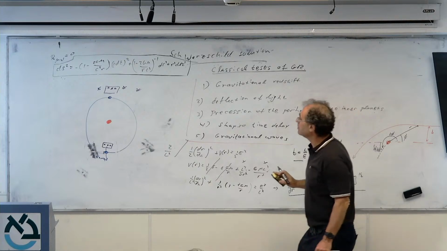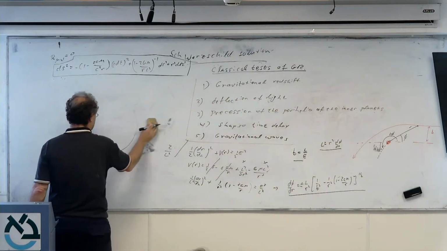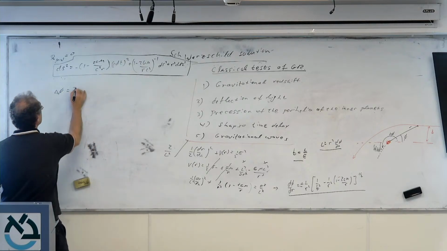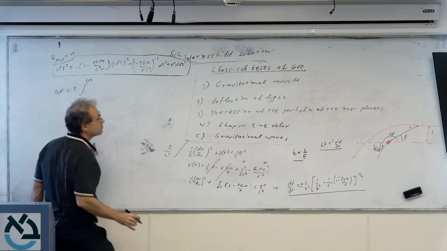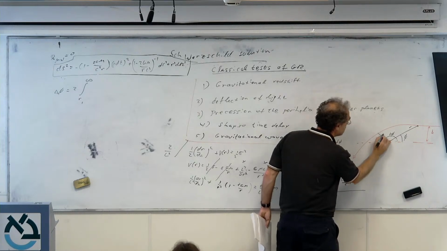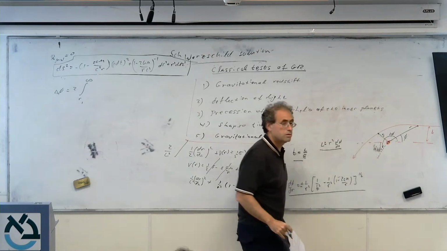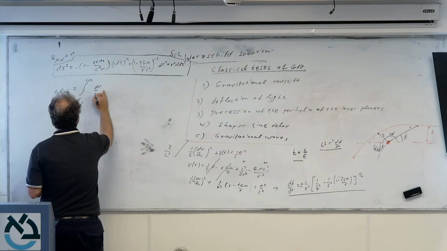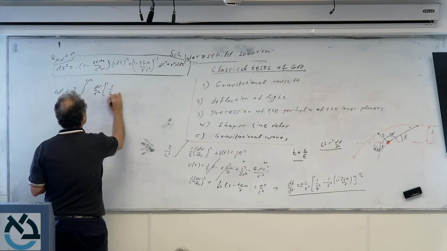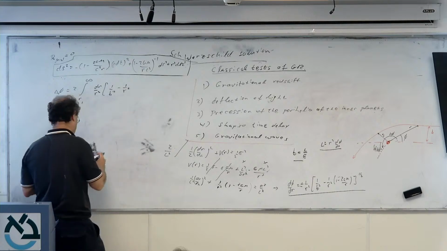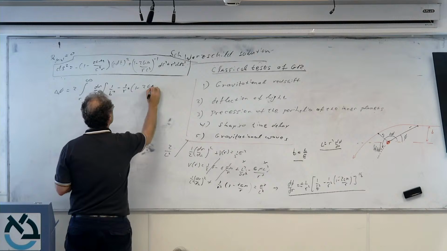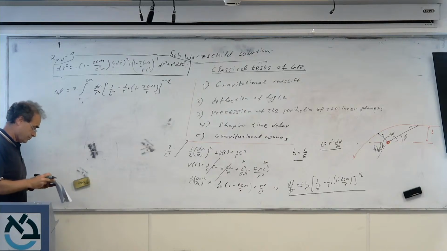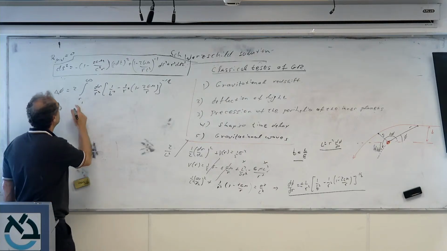So what you get is that delta phi is 2 times the integral from r1 to infinity, where r1 is the minimum radius, of dr over r² times (1/b² − 1/r² (1 − 2GM/r))^(−1/2). This is a turning point.